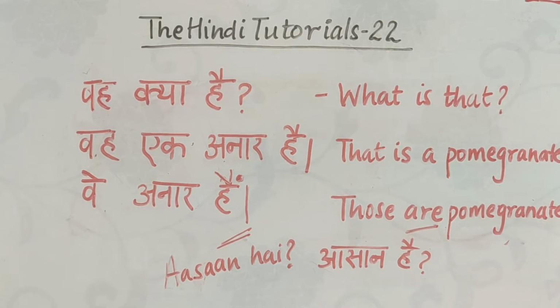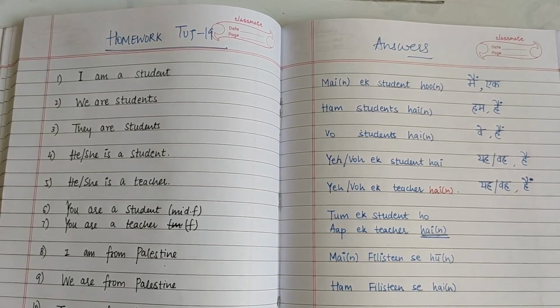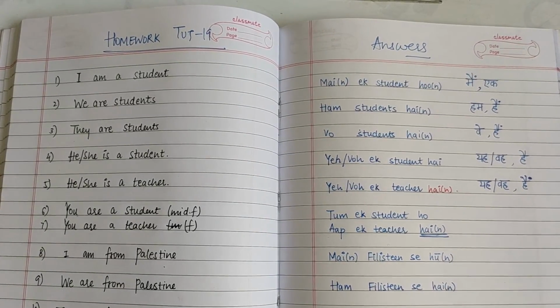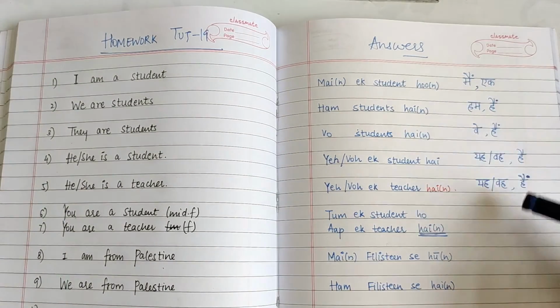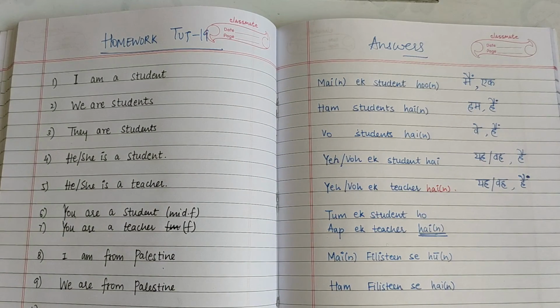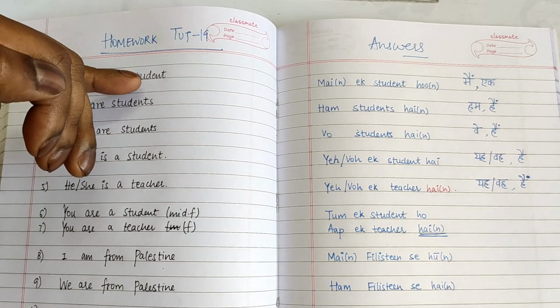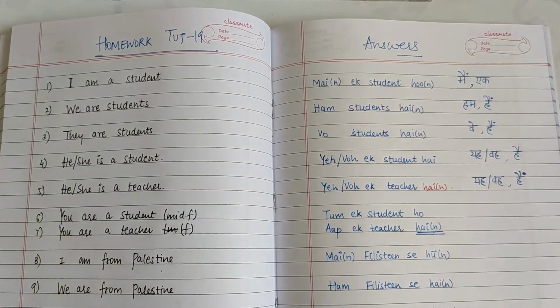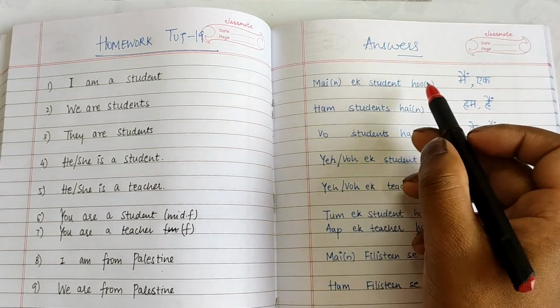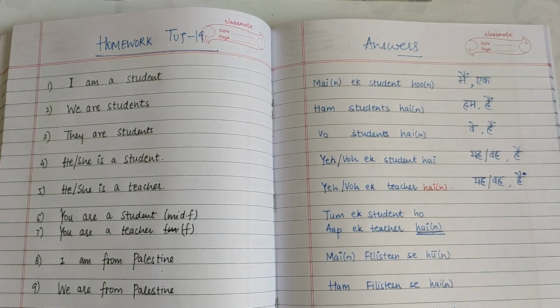Sorry for the delay. Here we have the answers of tutorial number 19. So I've written the words that we have already learned to write. Now we have to pay attention here. I am a student. मैं एक student हूँ. Simple. With मैं we have written हूँ. Okay.